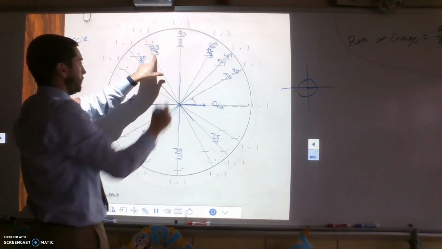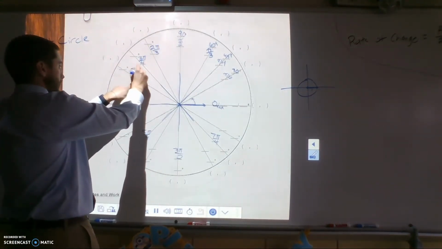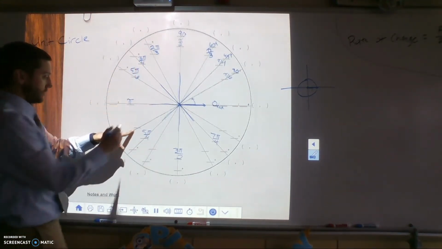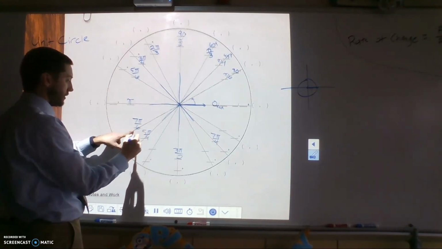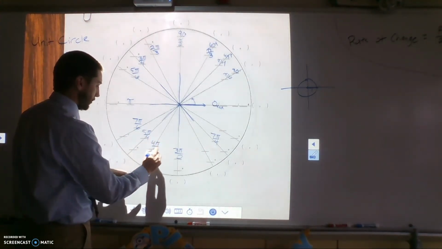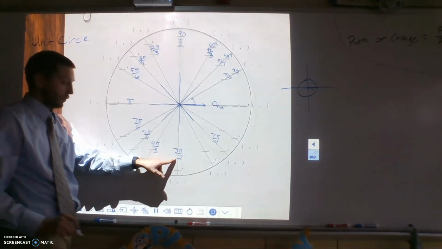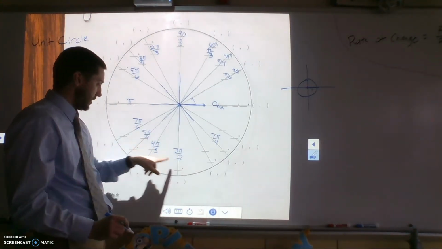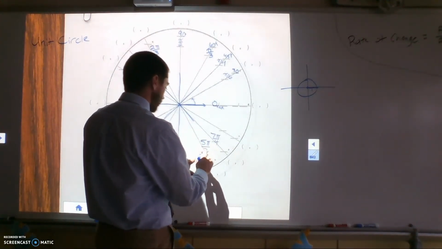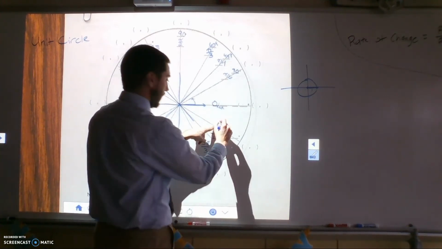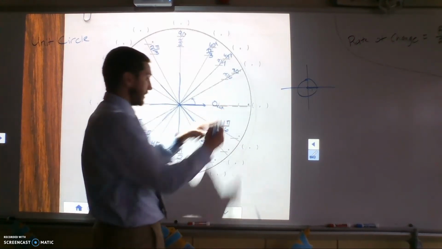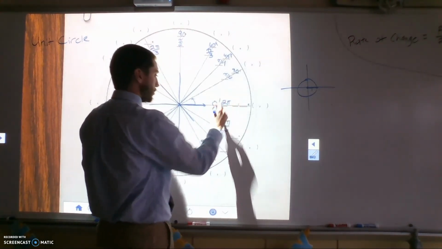4 pi over 6, that reduces to 2 pi over 3, 4 pi over 6, 5 pi over 6, 6 pi over 6 reduces to just pi. So the next one, 7 pi over 6, 8 pi over 6, but 8 pi over 6, that reduces to 4 pi over 3, 9 pi over 6 reduces to 3 pi over 2, so 7, 8, 9, 10 pi over 6, that reduces to 5 pi over 3, so that's 10 pi over 6, 11 pi over 6, and then 12 pi over 6, 12 divided by 6, that's 2 pi.